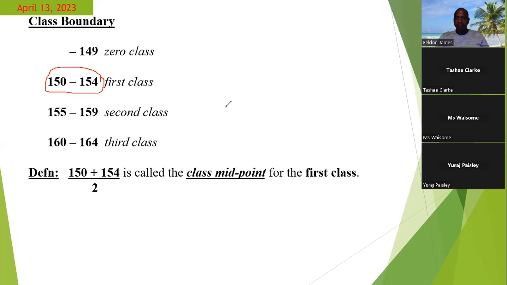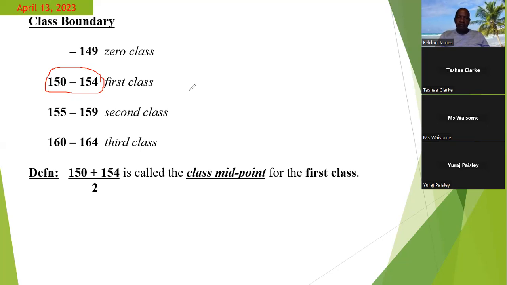Ms. Wayson? Sir, could you repeat? What would be the difference for these two class limits here for the first class? 154 from 150, that would be 4, sir. Right, so the difference is 4.